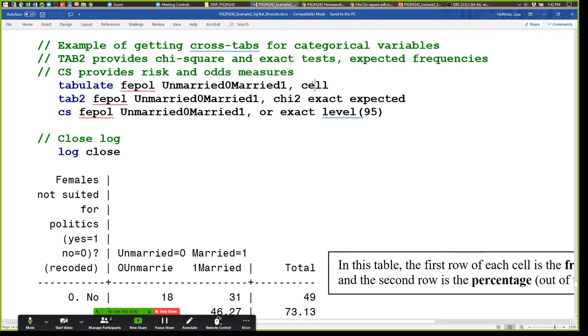Cell means give me the number of people per combination, per cell. Tab 2 is how you get the additional output related to the significance test, chi-square, and expected frequencies. And the other effect sizes that we haven't talked about yet are the third line, odds ratios and risk ratios.